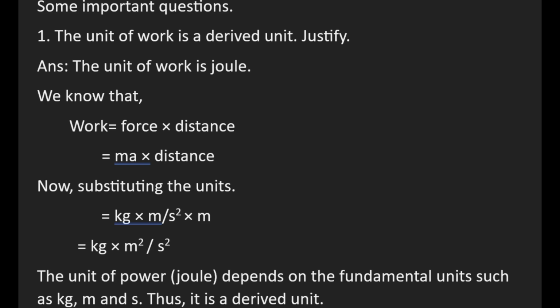Now, after simplifying, we get kilogram meter square per second square. Now, students, we can clearly see that the unit of work depends on kilogram, meter, and second. Since it is formed by combining fundamental units, the unit of work is called a derived unit.